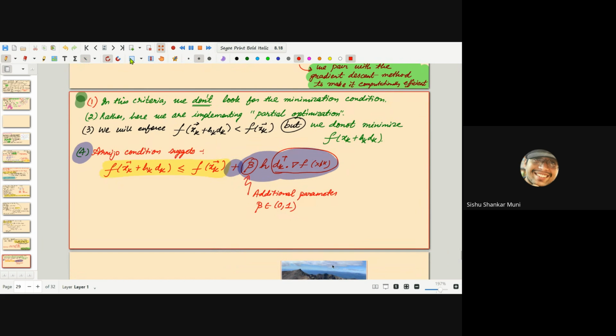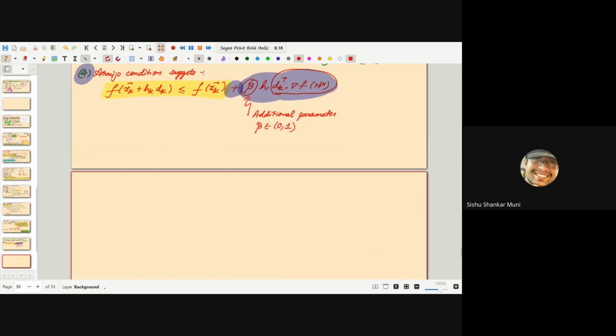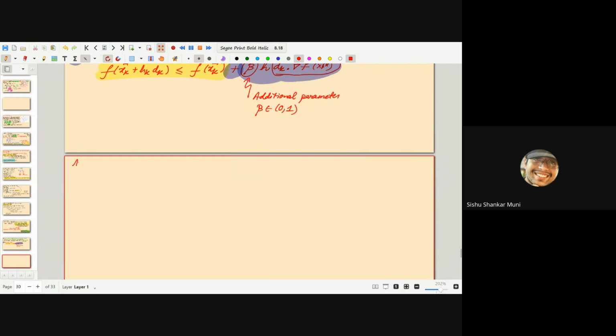So how does the algorithm go? These are the steps of the new, up-to-date algorithm. First, check whether the Armijo condition is satisfied or not.